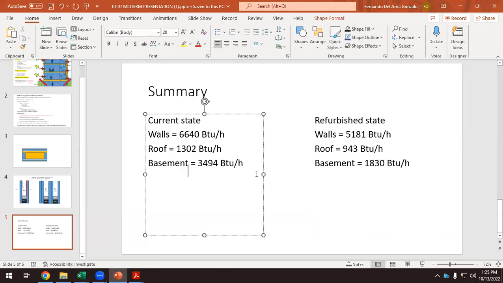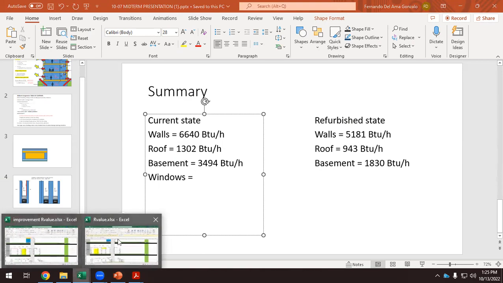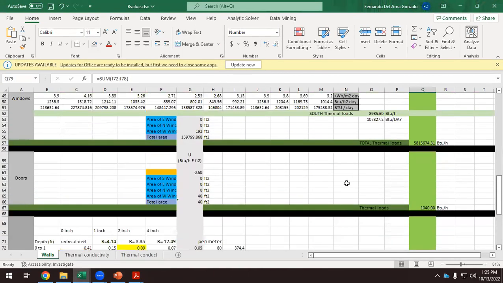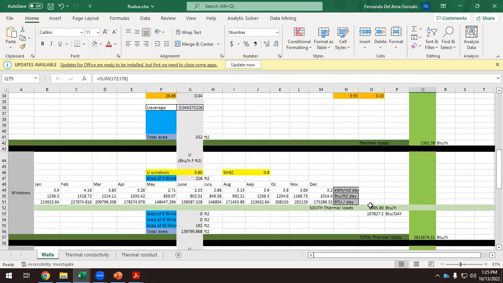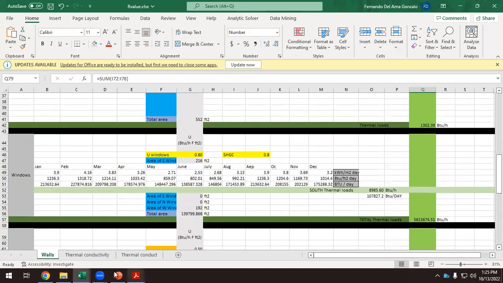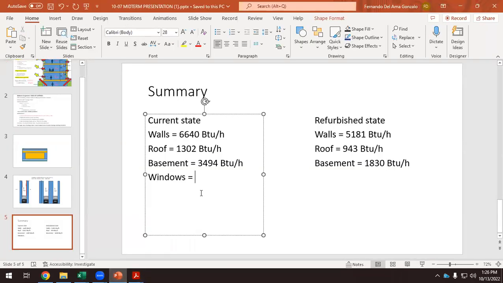And finally, windows. For the windows, the original value, I think I deleted it. But I remember that it was around 16,000 BTU hour.